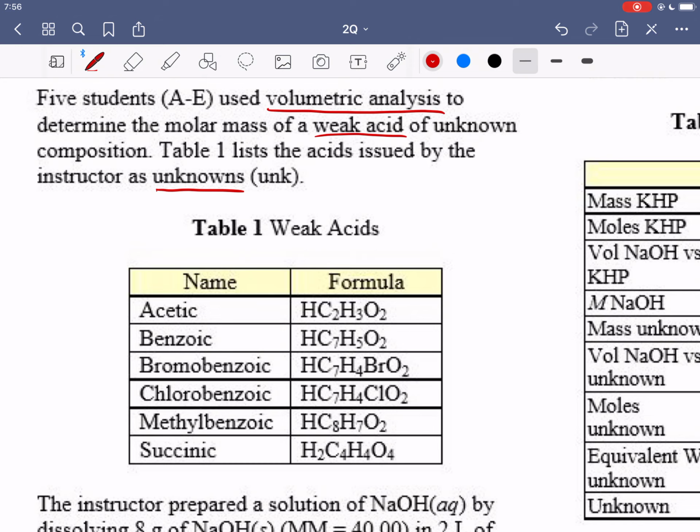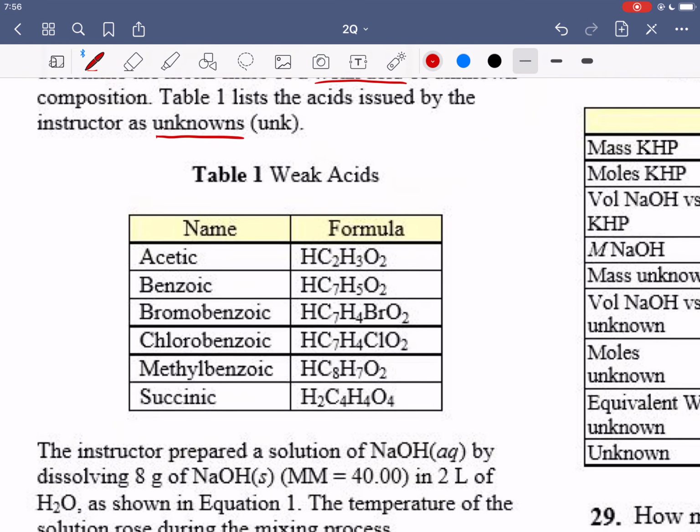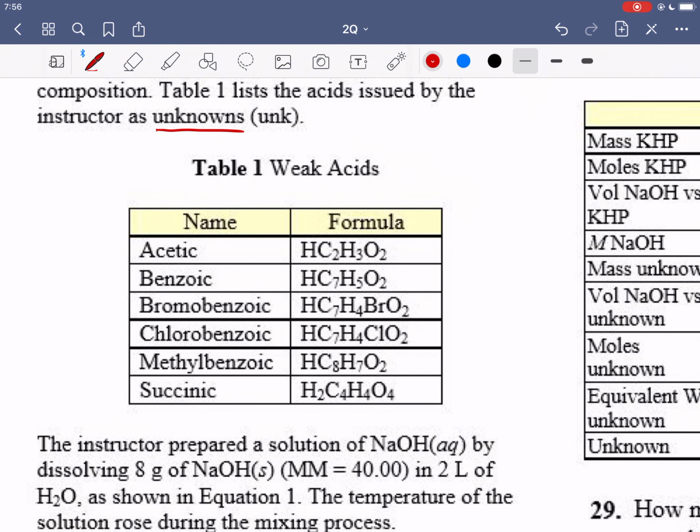You don't know what your acid is, but you know that it is an acid, and then you start titrating, or adding bits of a base, and for the base you do know what its concentration is. If you know the concentration, and you also know the volume that you're adding based on how many drops you added, then you can figure out the moles of the base that you added, and then that should translate into the moles and then the molar mass of whatever acid you have.